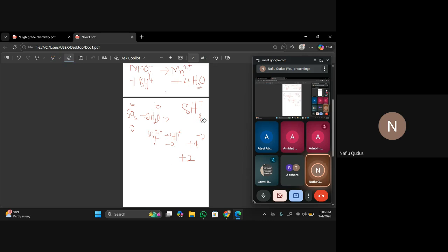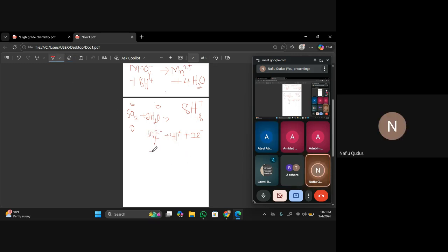We now said we add 2 electrons to it, right? Yes, sir. We add 2 electrons. When you add 2 electrons to it, let's check if all this is equal to 0.